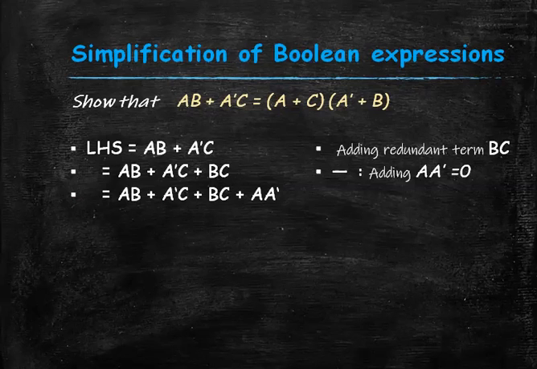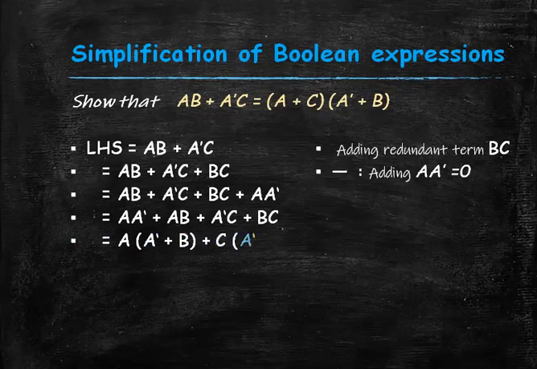These four terms can be arranged as A·A bar + AB + A bar C + BC, and we take A outside from the first two and C outside from the last two.